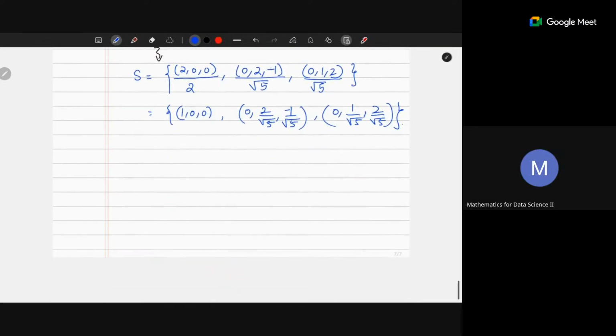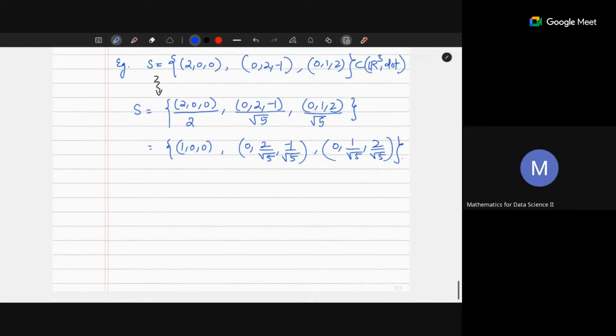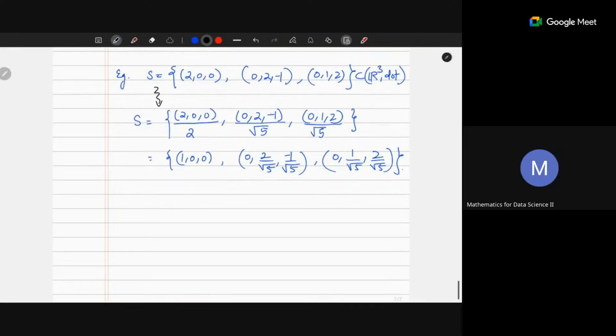Okay. Now, why are orthonormal bases important? They are important because any vector in V can be expressed as a linear combination of the basis vectors with some coefficients ai.